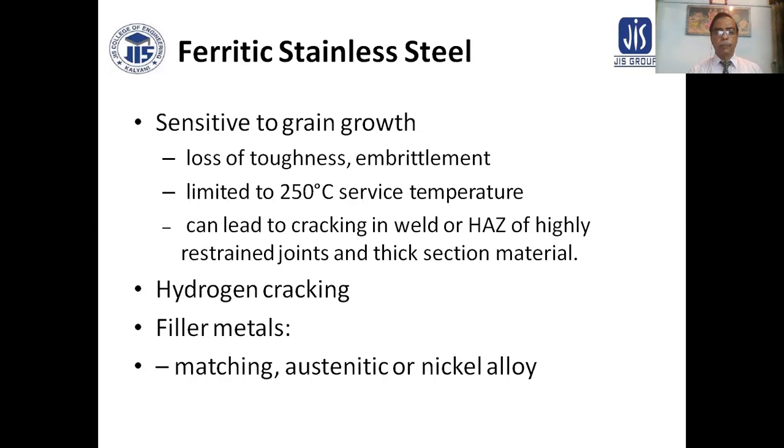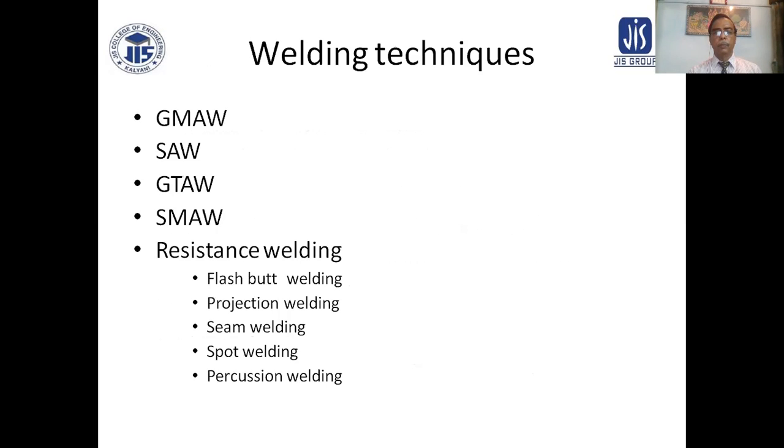Hydrogen cracking, filler metals matching, austenitic and nickel alloy. Welding techniques: gas metal arc welding, submerged arc welding, gas tungsten arc welding, shielded metal arc welding, resistance welding, flash spark welding, projection welding, seam welding, spot welding, percussion welding.